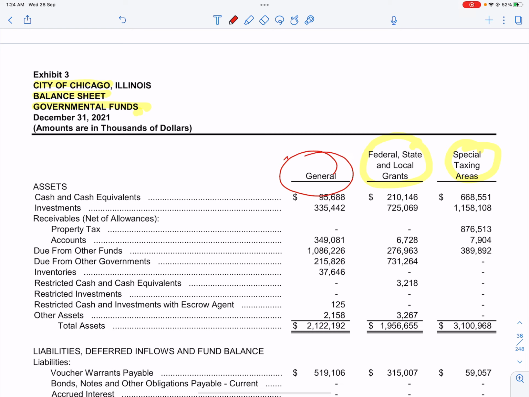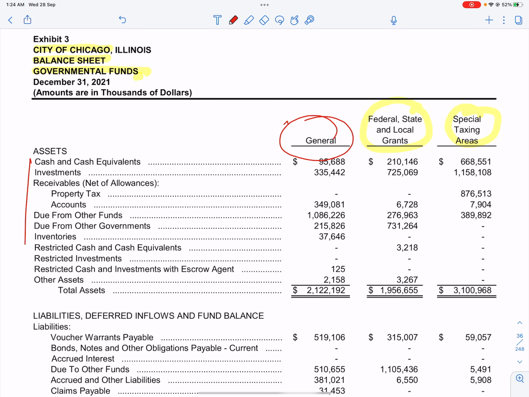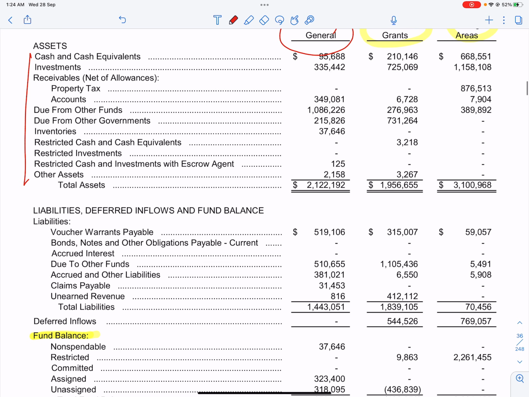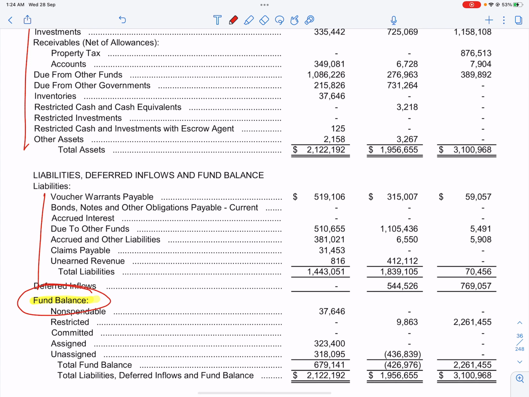There is only one that is unrestricted. And when we look into the government fund balance sheet, it includes assets and liabilities that are current. You can see that we have only current assets, we have only current liabilities, and the difference is called fund balance.